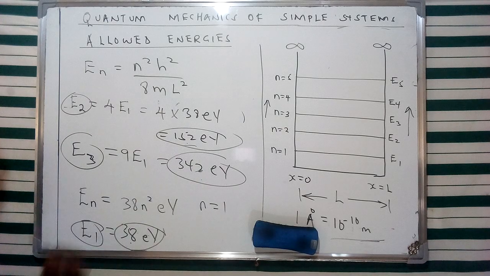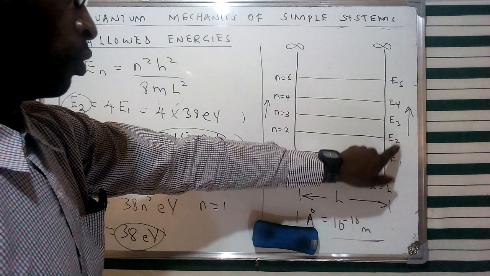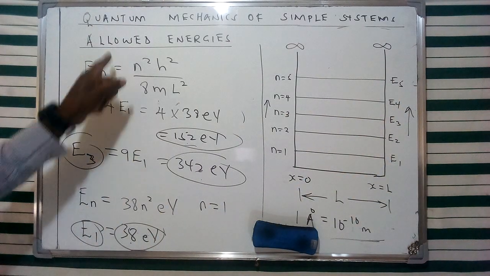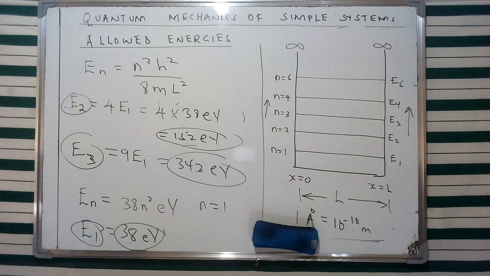So basically the values for E1, E2, E3, E4, E5 constitute what we refer to as allowed energies. And as I've said, these appear as discrete values, which we have mentioned are quantized energy levels.